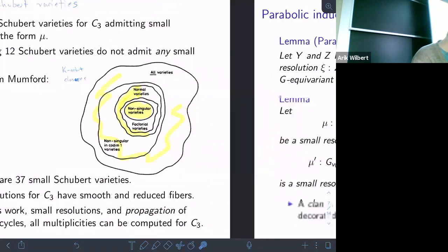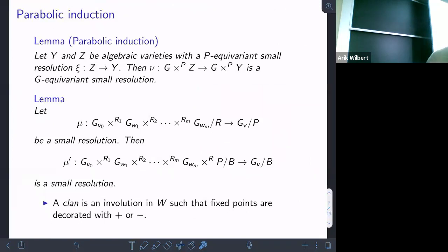Okay, so I found that example interesting. A common theme in these characteristic cycles is they propagate. In fact, Harish-Chandra even used that word in the introduction to their book. Singular support propagates. And so here's a couple of ways that you can find more small resolutions given just one small resolution.